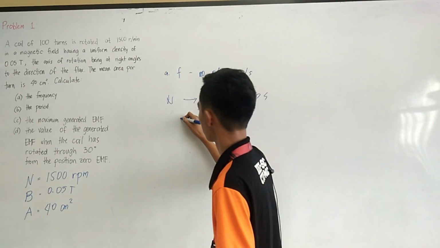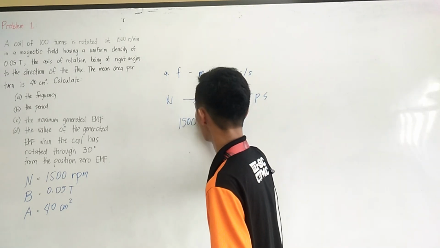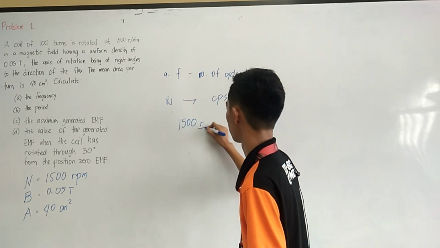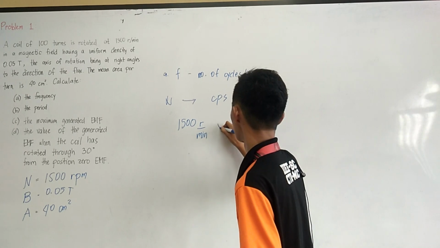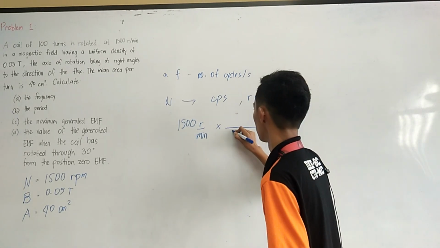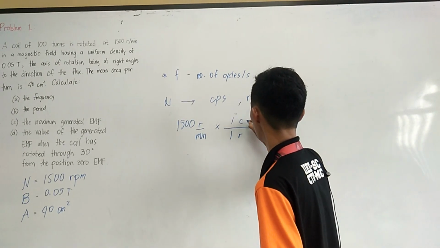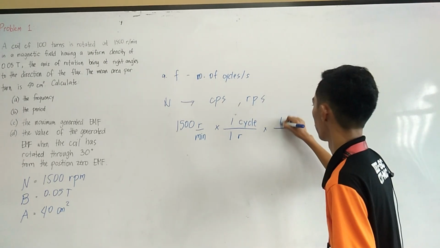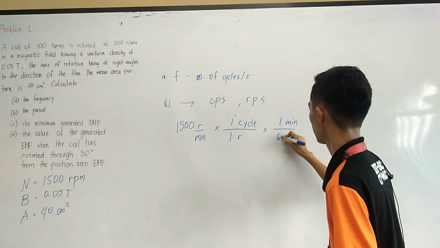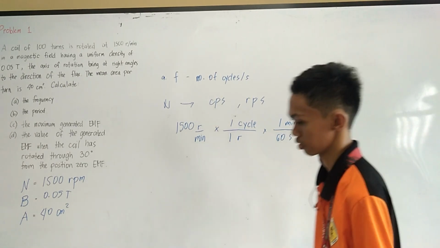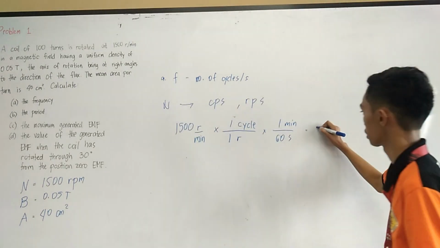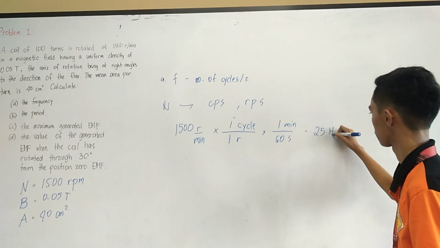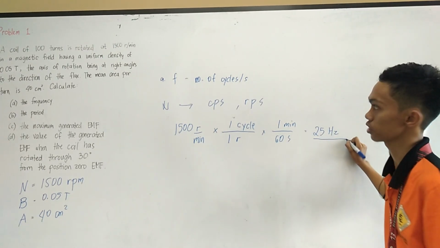So to convert this, we have 1,500 rotations per minute times 1 minute per 60 seconds. This is equal to 25 Hertz. So this is our frequency.